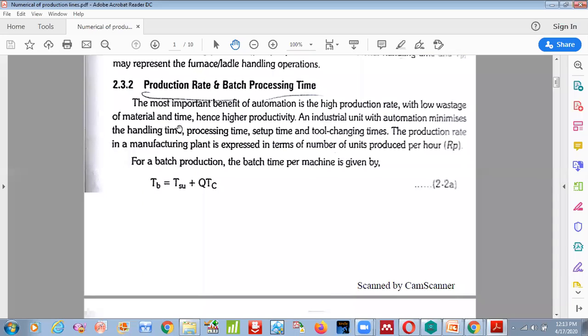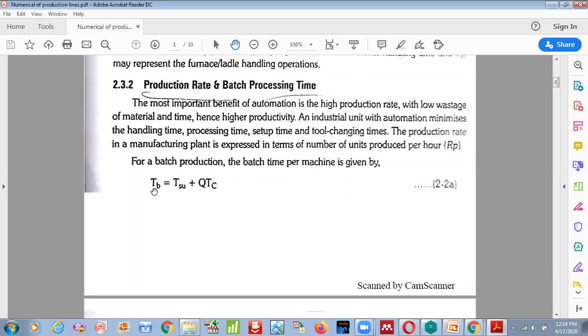Automation is meant to increase the production rate with minimum wastage and minimum time, or else the purpose of automation will not be served. Hence, for higher productivity, an industrial unit with automation minimizes the handling time, processing time, and setup time. So T suffix SU is nothing but the setup time, my dear friends.